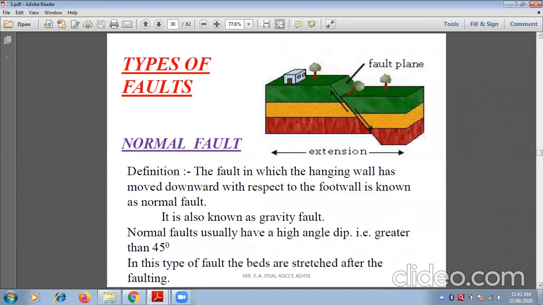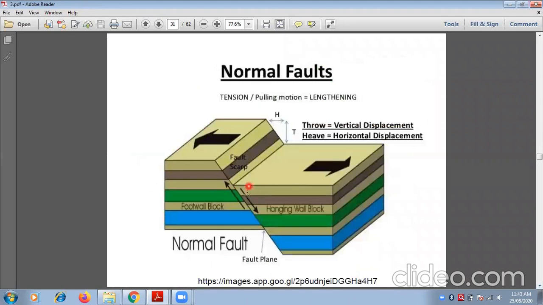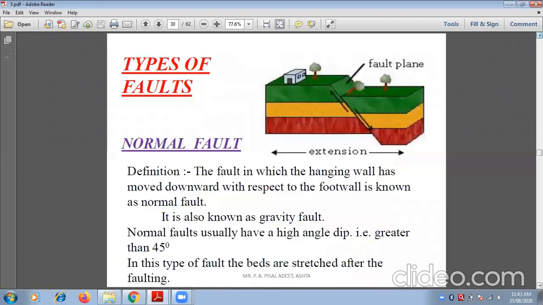So here always this head angle which I have shown earlier is always greater than 45 degree in the normal fault. Now another important character of the normal fault is that in this type of fault the beds are stretched after the faulting. Very important. After the faulting, the beds are stretched.